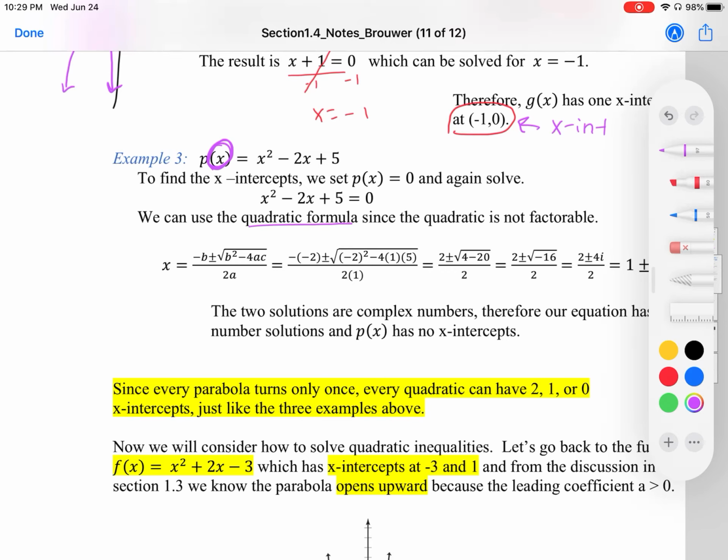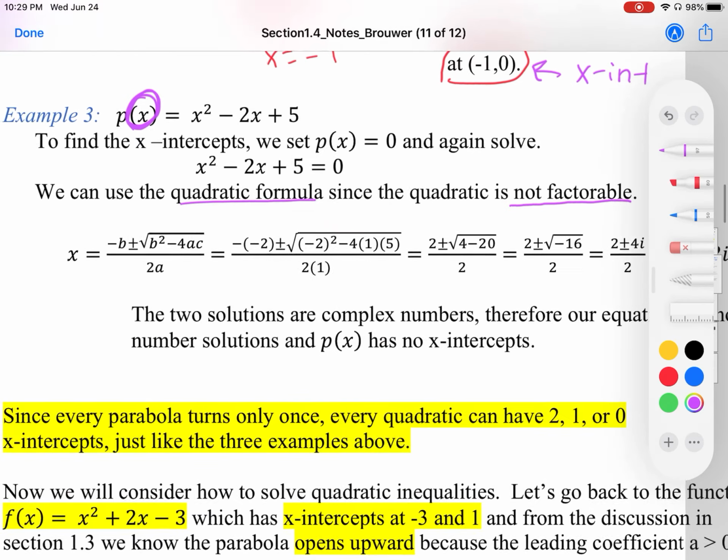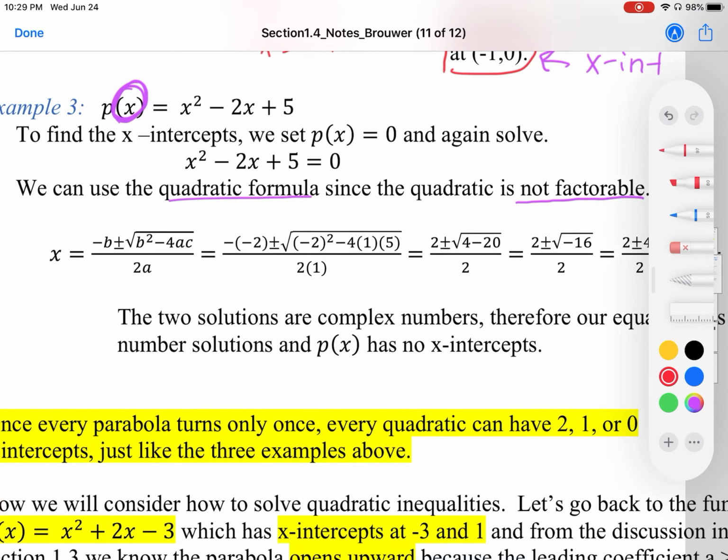Factoring takes a while to learn and a lot of practice, though it's not always the easiest thing to do. It's a lot easier than the quadratic formula, though. So this is your quadratic formula. Now we're going to plug in the numbers for A, B and C. Where do we get these numbers from?